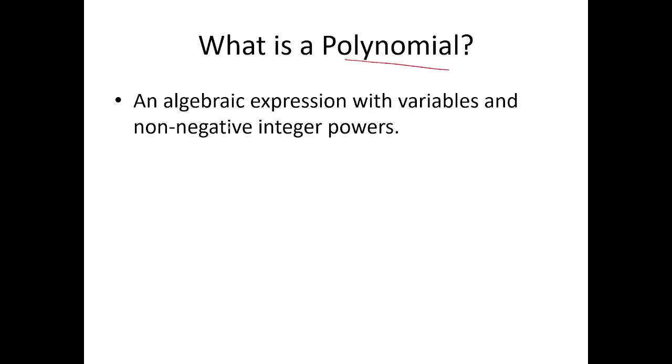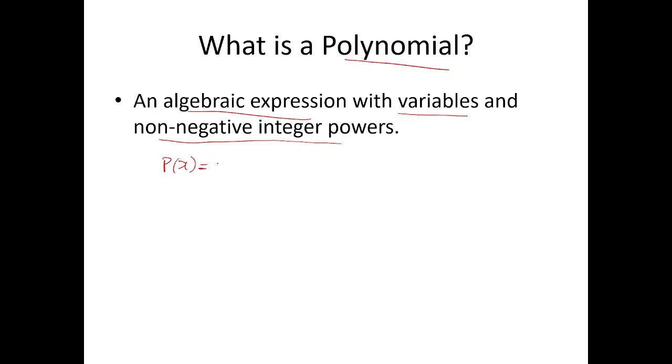We learned in an earlier class that it is an algebraic expression which includes variables, constants and coefficients, but the condition is that the power of the variable should be a non-negative integer. Polynomials are generally denoted by p of x.